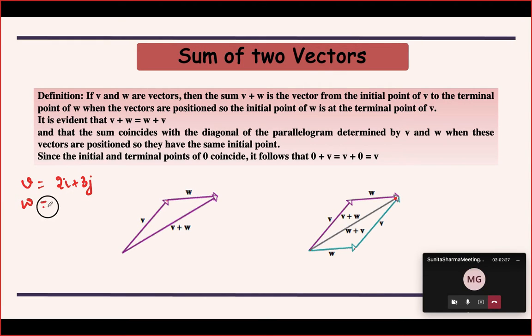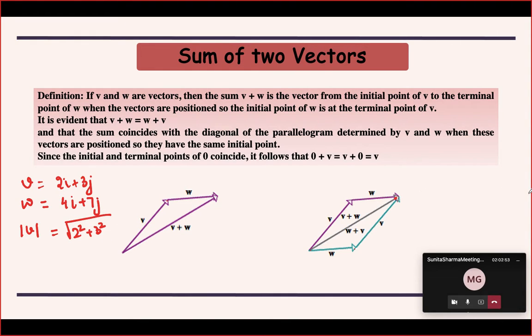And say w vector is, because I haven't done magnitude yet, let me take, say, okay, for those who know how to find the magnitude, what is the length of v or magnitude of v? By definition it is the square root of 2 square plus 3 square.